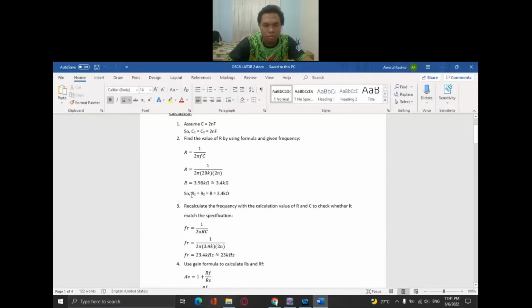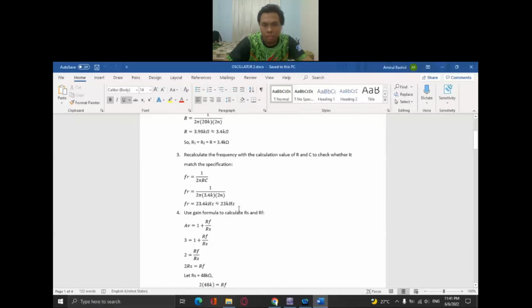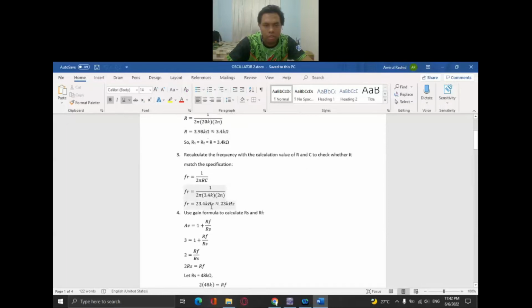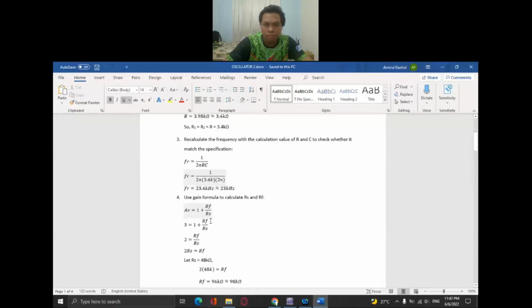We use this value for R, representing R1 and R2. After that, we recalculate to make sure that we get the same value as the previous one. We use the formula for the frequency, fr = 1 over 2 pi RC, using the value of R that we got here, and we get a frequency of 33.4 kilohertz.